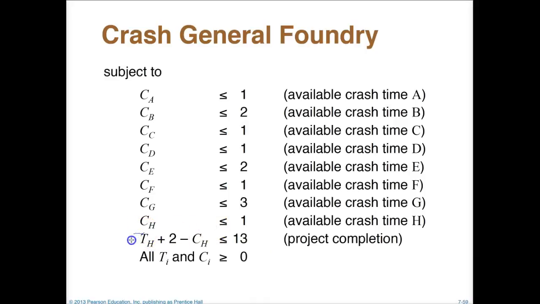And once we're done here, we know that project completion is going to be the time at which we start activity H plus 2 minus whatever time we actually crash, or how many weeks we decide to crash activity H. And of course, that's got to be less than or equal to 13. Okay. And of course, all of our decision variables have to be non-negative.